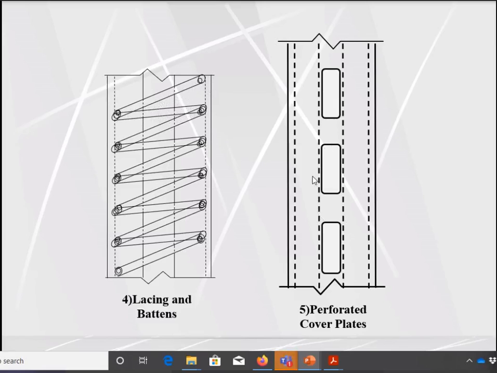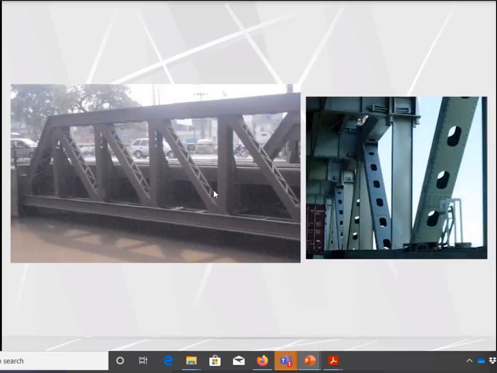Sometimes we cover with steel plate and provide certain holes in the steel plate. This is called the built up section, made by connecting both sections with the help of perforated steel plate. Here are some pictures.